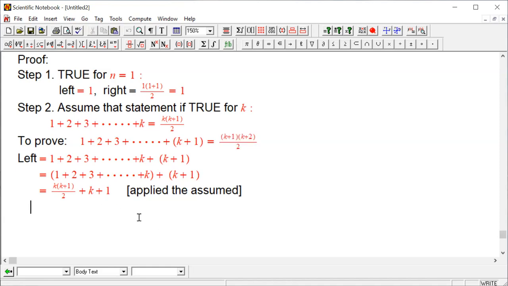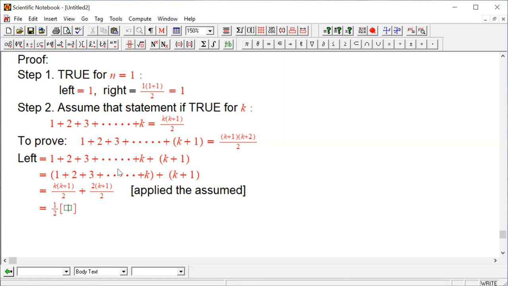Okay, so next we're going to factor. We can find a common denominator, right? Or we can do this: divided by 2, multiply by 2, 2 times k plus 1. So this way we get the same denominator, and we take it out as 1 over 2.